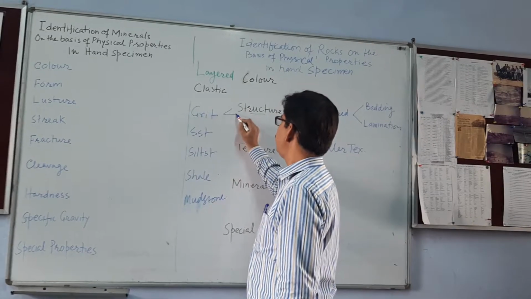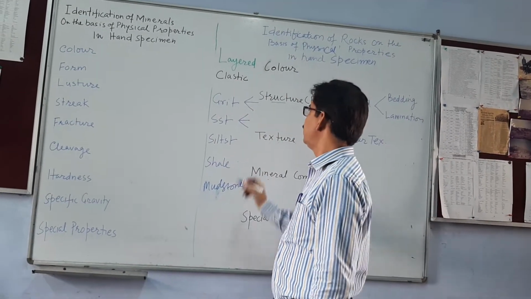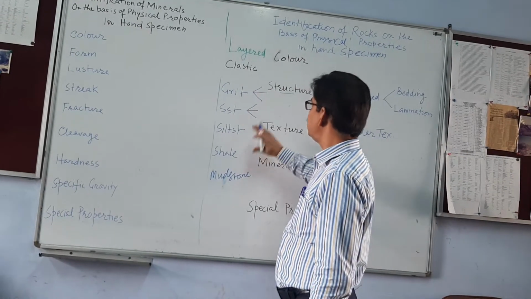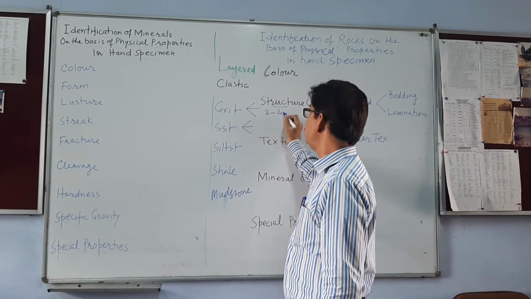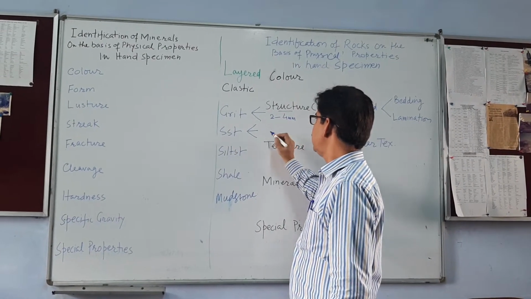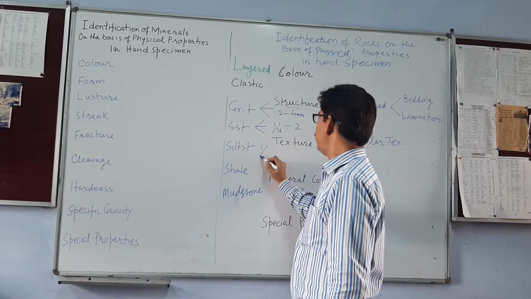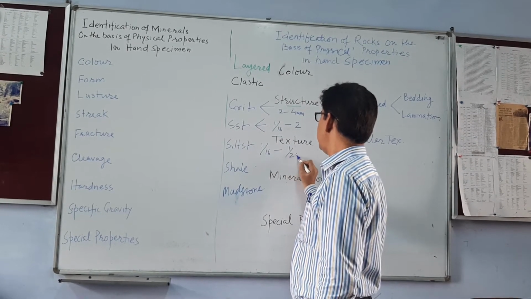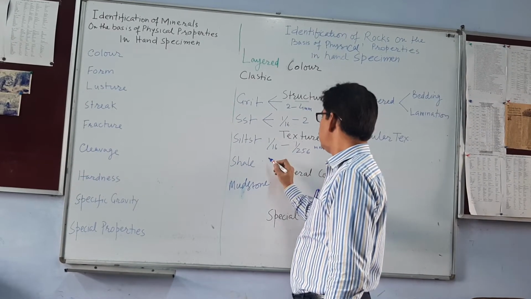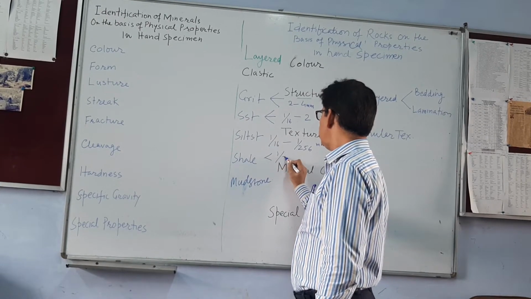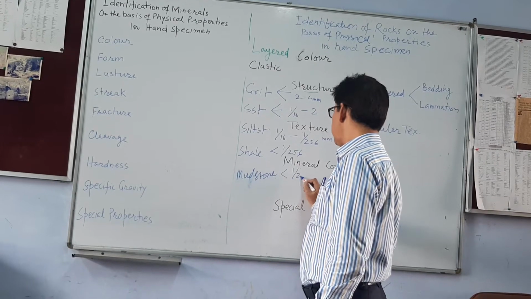Sandstone may be of different colors, grit may be of different colors, but here we are classifying these rocks on the basis of sediment size. 2 to 4 millimeter is grit, 1/16 to 2 millimeter is sandstone, 1/16 to 1/256 millimeter is siltstone, and smaller than 1/256 is shale and also mudstone.